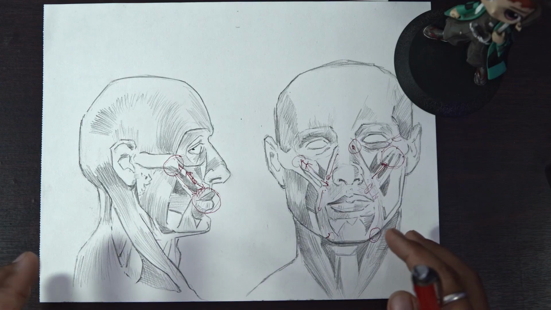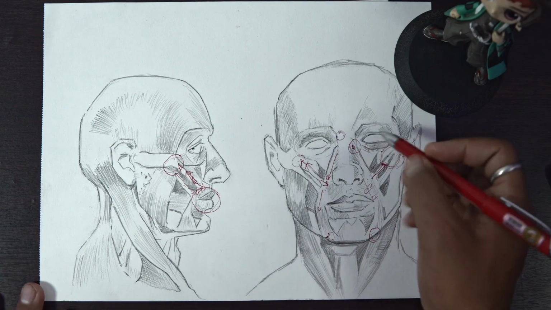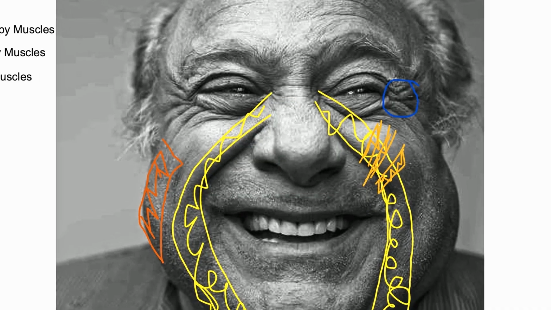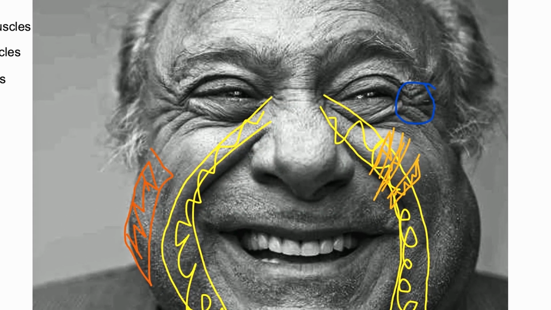Now some important points to notice are the wrinkles at the corner of the eyes are simply caused by the flesh of the cheek buckling up by the upward pull of these happy muscles. The same bulging causes the fold of the flesh below our eyes in a smile.